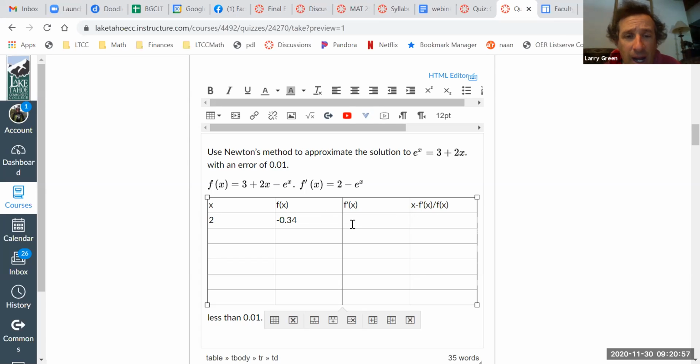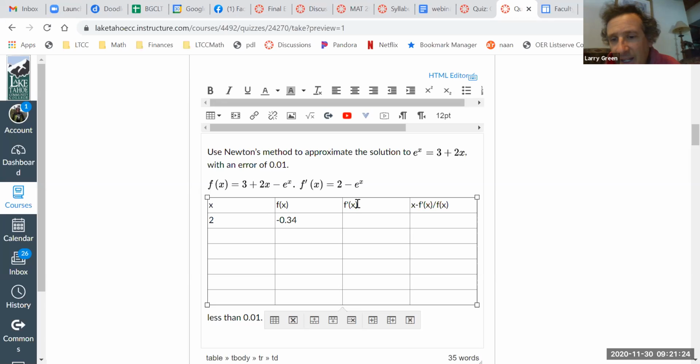And then f prime is 2 minus e to the x. There are a few ways of doing that. I think the easiest way is, remember f of x was 3 plus 2x minus e to the x. When we plugged in 2, that gave us 7 minus e squared, and we want 2 minus e squared.